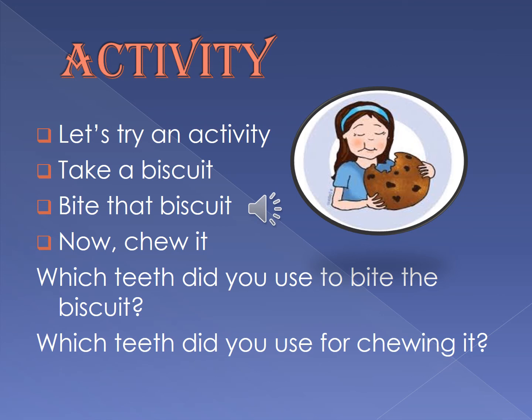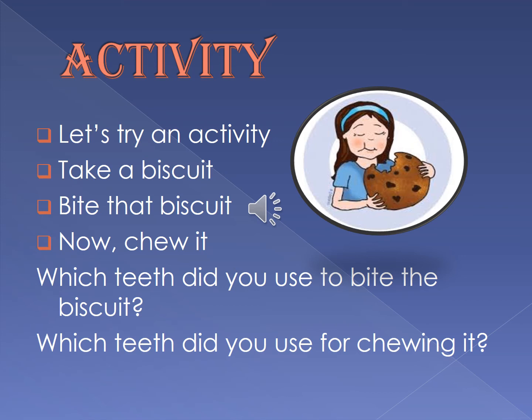Okay everyone, now for a better understanding of the concept, let's do a small activity. Are you ready? Okay, then quickly go to the kitchen. Bring some solid food. You got it? Okay, bite it now. Chew it now. Done?